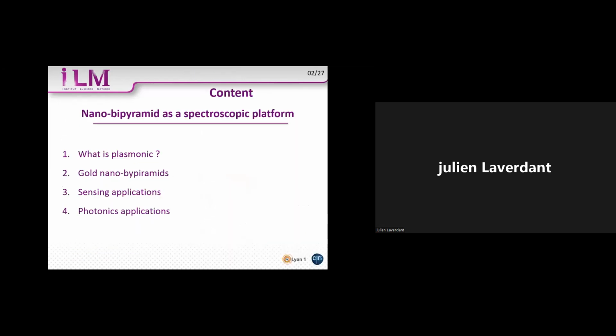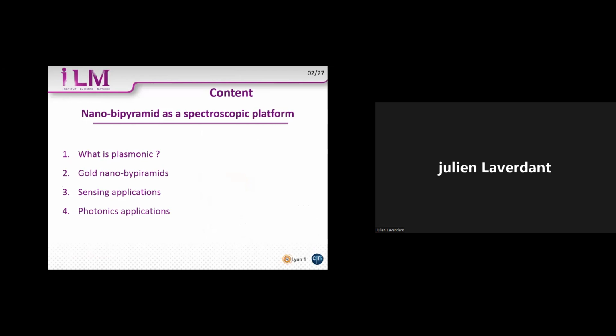So my talk today will be in four parts. Maybe I will be brief about the last part, which is not really your concern. First I will explain what plasmonics is, because we didn't talk about it today, so that you have the basic ideas and see why it is interesting for sensing applications.